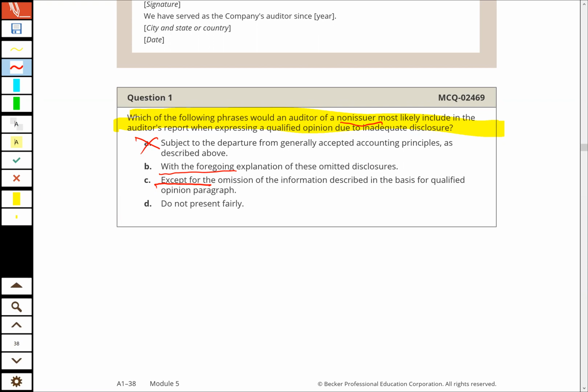We had the phrase "except for" in there. So again, it's key that you pick up those key words. You don't have to rememorize the report just because it goes to a qualification, but those key words we talked about, you do need to know. The key phrase there was "except for" in the opinion paragraph.